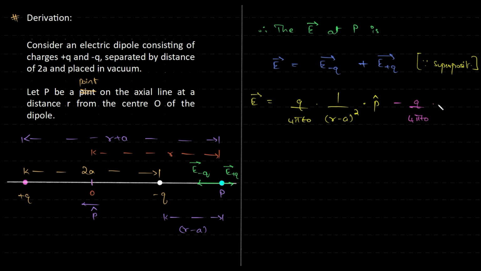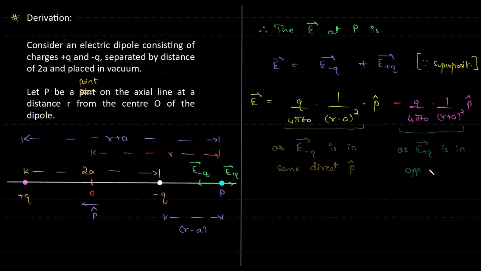The positive Q, which is at the distance of r plus a the whole square, right? Only for your reference, this is positive as E minus Q is in the same direction as p cap, while this is negative as E plus Q is in the opposite direction of p cap. Okay, yes.